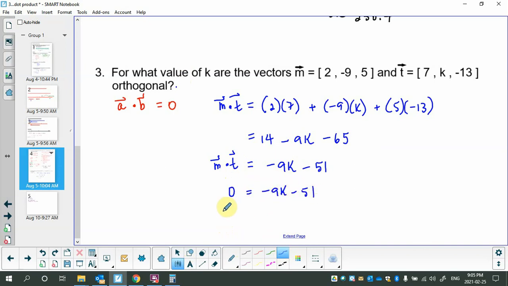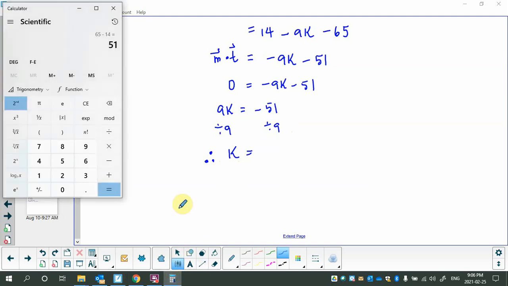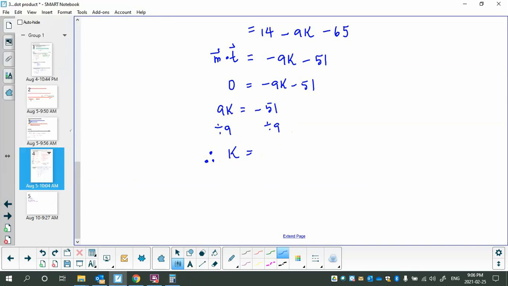and I can solve for k, which, because you are in a 4U class, means that it doesn't have to be tidy. It can be a decimal or a fraction. So I can divide 51 by 3, 17, so negative 17 over 9 by 3, and that is my awful looking k value.